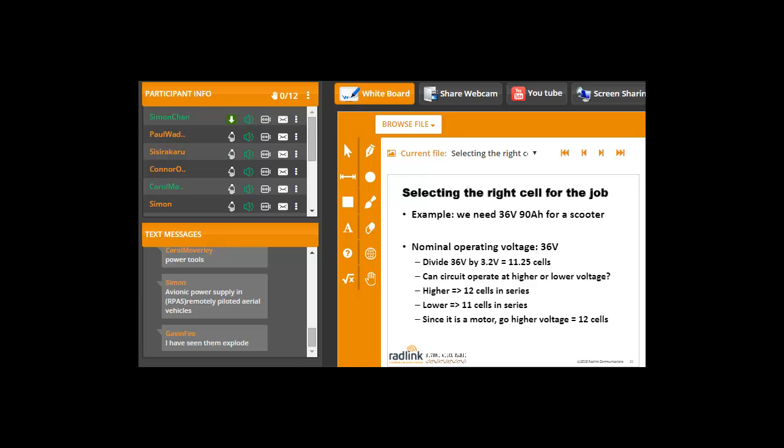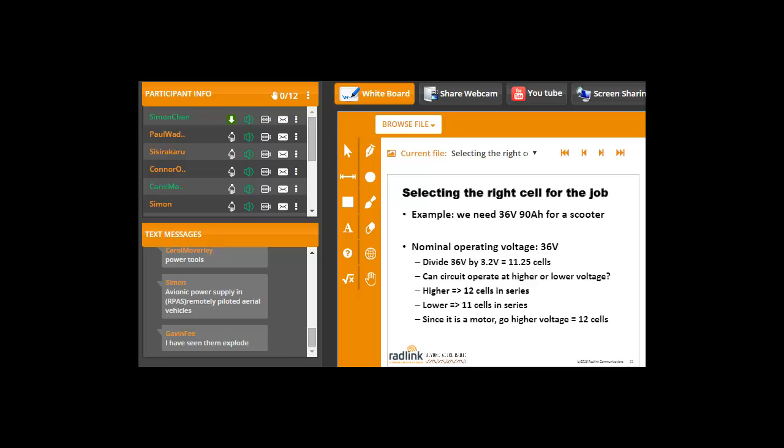That gives you 30 volts minimum. So your scooter motor needs to be able to operate down to 30 volts. What's the maximum voltage? Well, if you've just finished charging the cells, they would be hovering at around the 3.65 volt mark. There are 12 of them, so that will be 43.8 volts. So you need to make sure that your scooter motor can take 43.8 volts maximum.